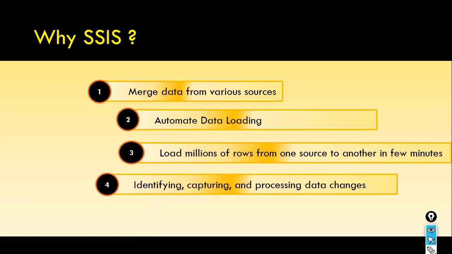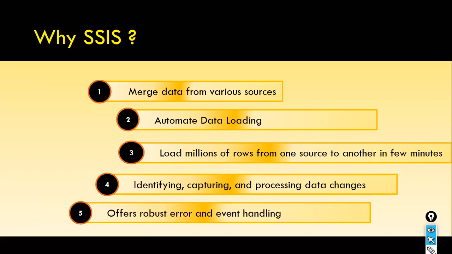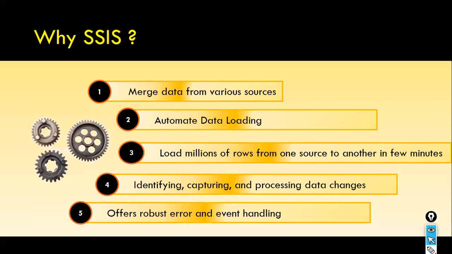You can perform one-off data loading, and also incremental data load using SSIS very effectively. It also offers robust error and event handling features. Because of these, SSIS gained a lot of popularity.